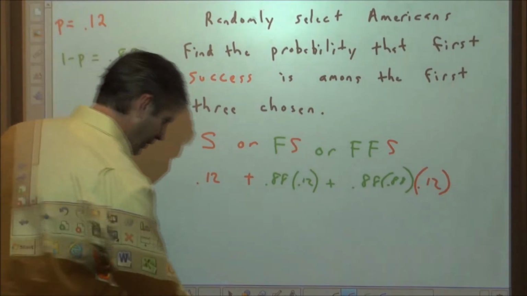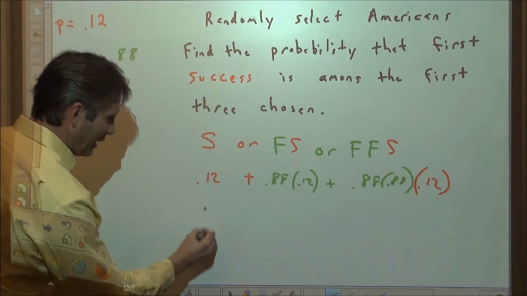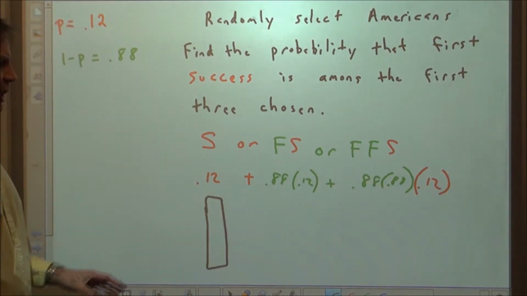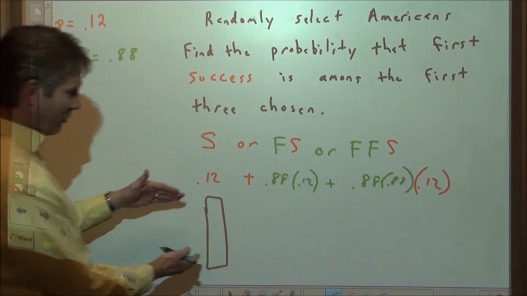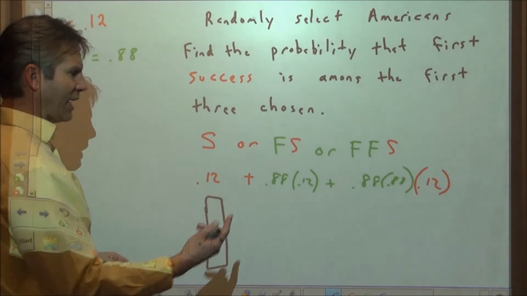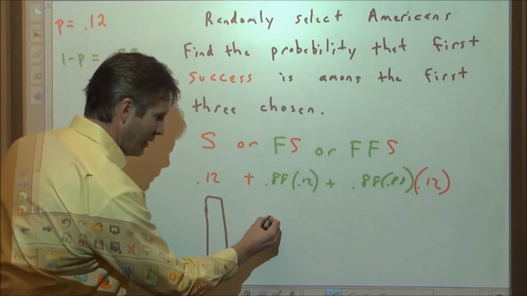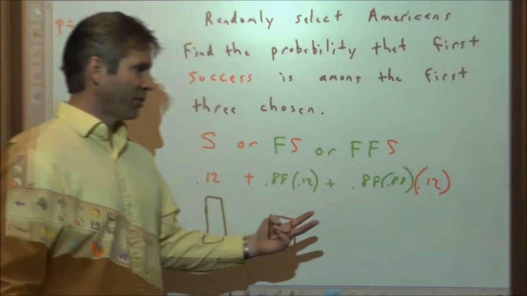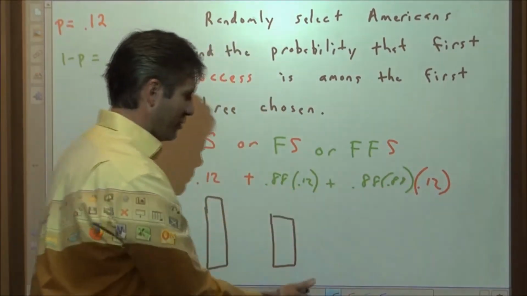And this is what I was saying a moment ago about the fact that the greatest probability in a geometric is always associated with the first trial. Because this is 12%, the probability of getting your first success in the second trial is 88% of 12%. So the probability goes down. The probability of getting your first success in the third trial is 88% of the previous result.